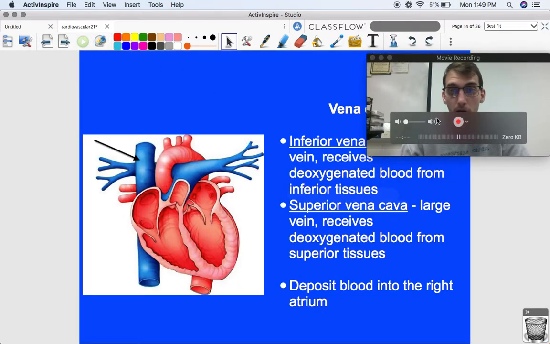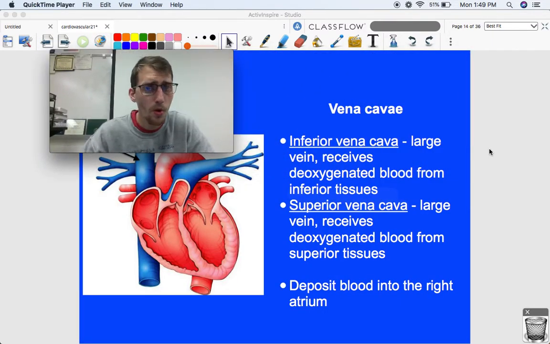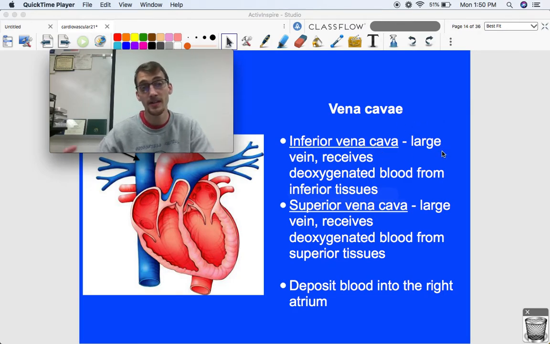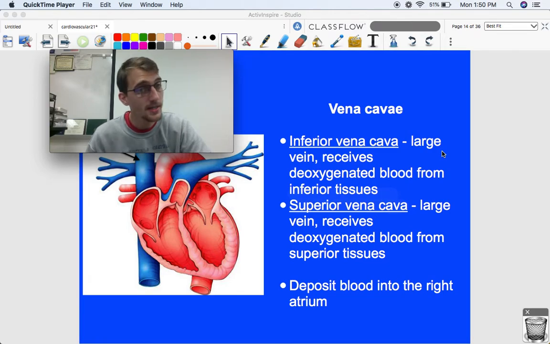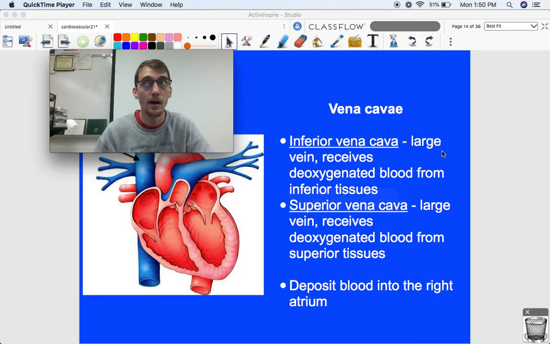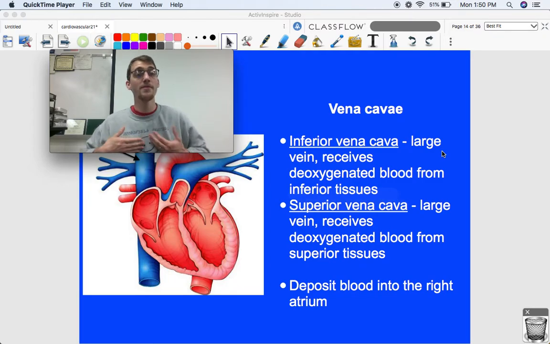Pretty interesting. The vena cava, what are those? They are the largest veins in the body, and this is where we're going to start our journey of blood flow through the heart. The inferior vena cava is a large vein that receives deoxygenated blood from the inferior tissues, so from your digestive system, from your urinary system, from everything below the heart, that's going to be collected into the inferior vena cava.